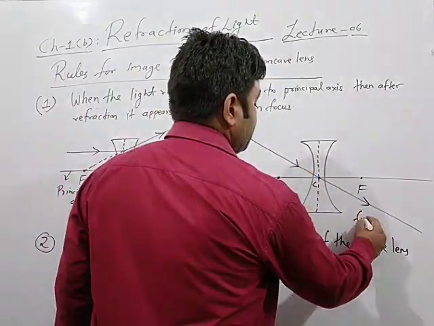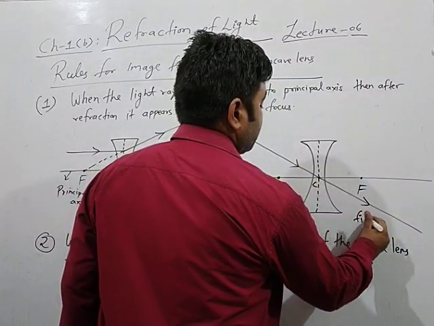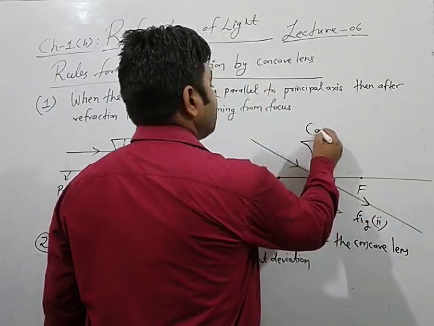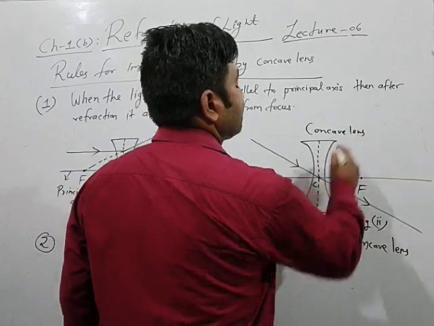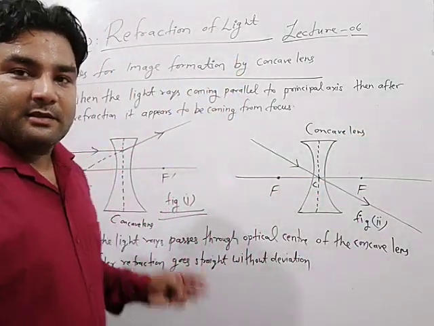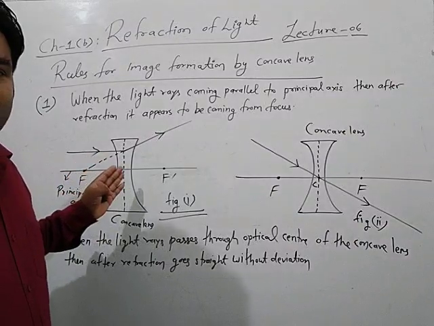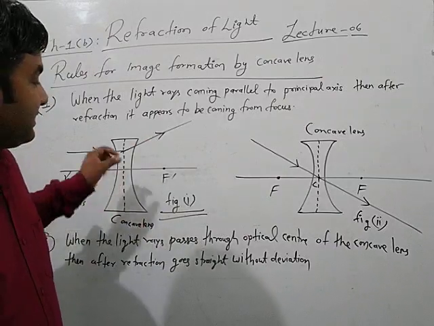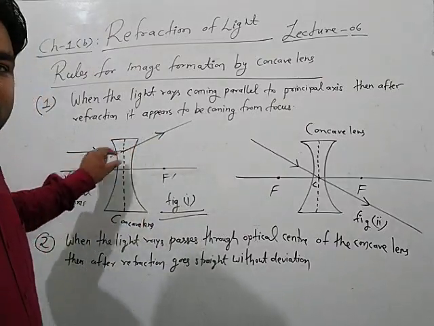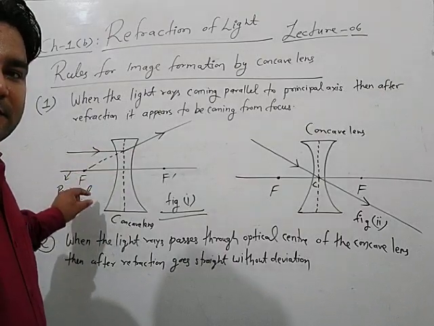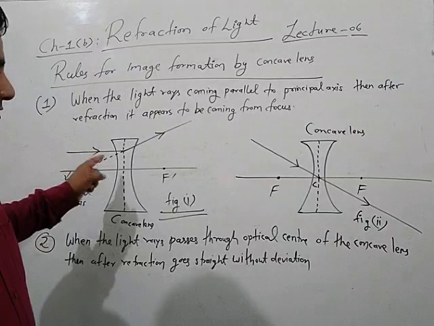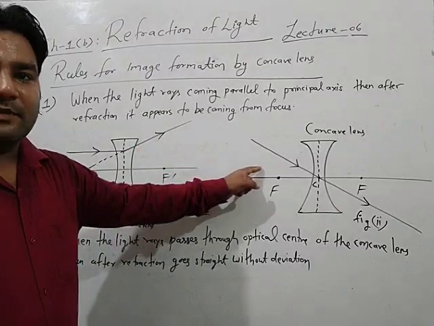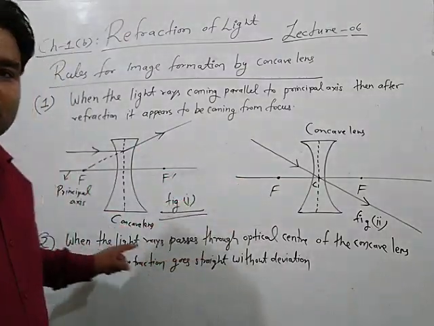This is figure second for rule 2. Concave lens has another name, that is diverging. Whenever the light ray is coming parallel, then after refraction it goes away from concave lens. It means it diverges in different directions. But this ray appears to be coming from focus. Whenever proceeded backside, it meets at focus. This is the image diagram for rule first, and this one is for rule second.